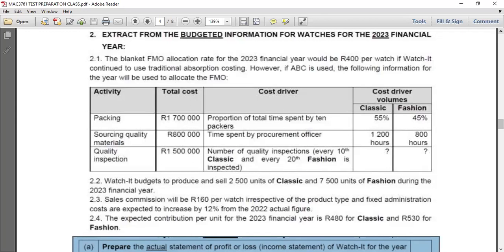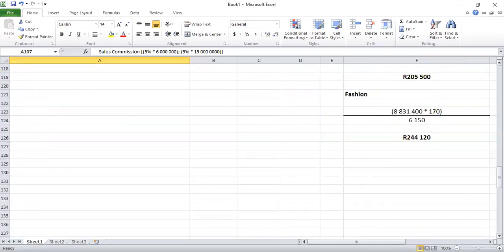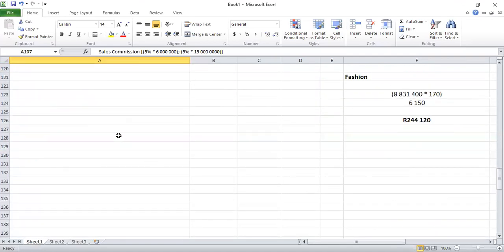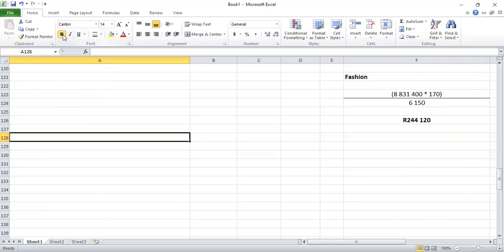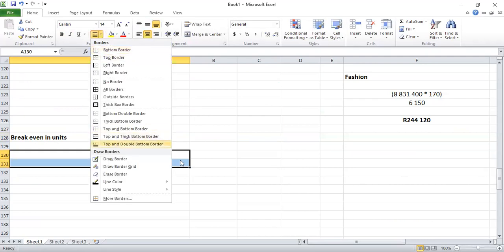Right. So for us to calculate the break even in units, there are two ways. I will use both of them because I think there were students who were asking about the other way. There are two ways, so I will quickly use both of them.